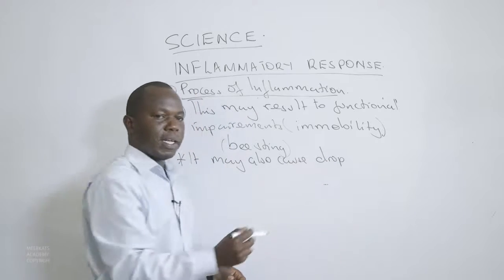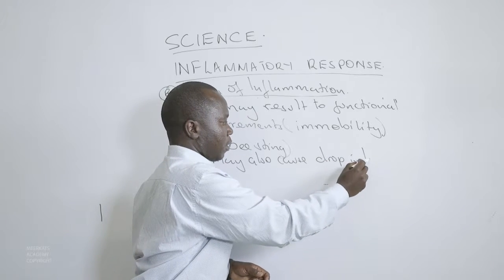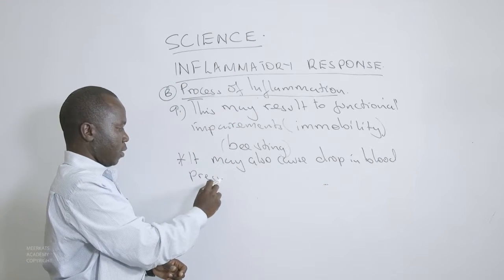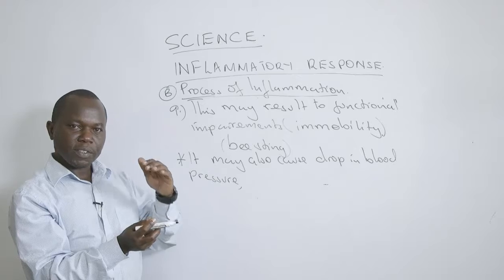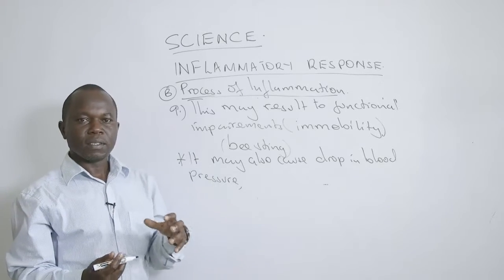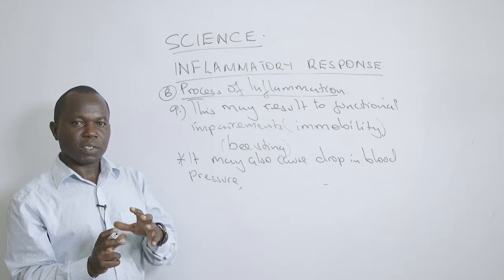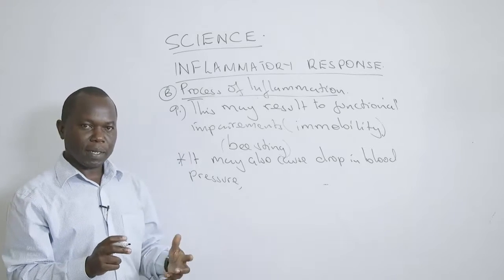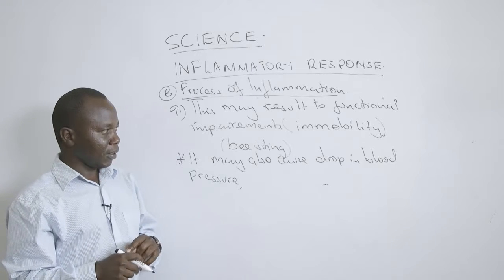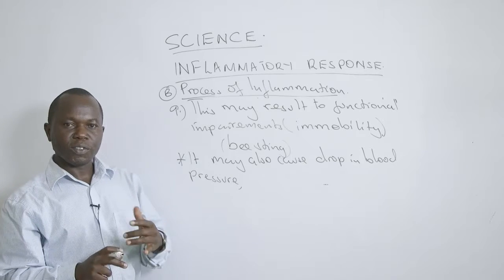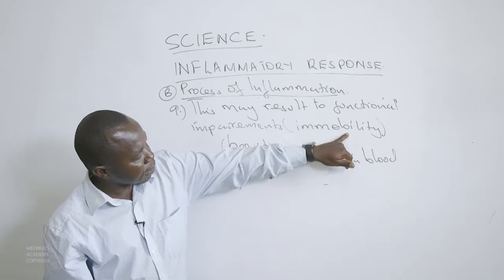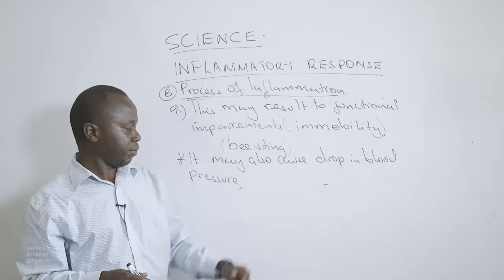So we can also say it may also cause a drop in blood pressure. So this blood pressure, if it's going to go down, transportation of oxygen to organs and tissues that demand it is going to be impaired. One major important organ in our body being the brain. If the brain is not receiving enough nutrients and oxygen, it's not going to function well, and the effect will be immobility.